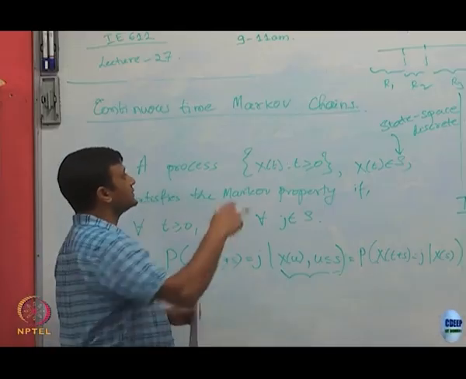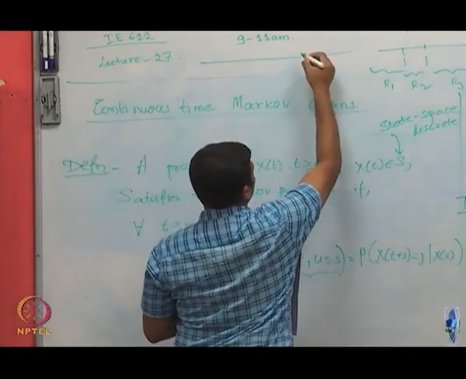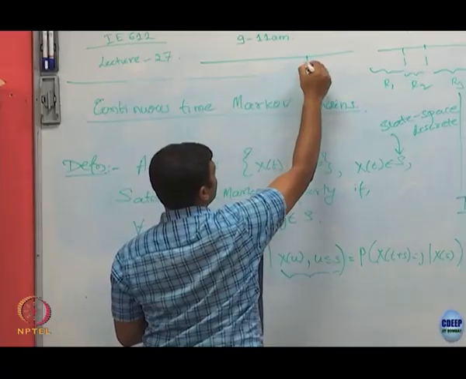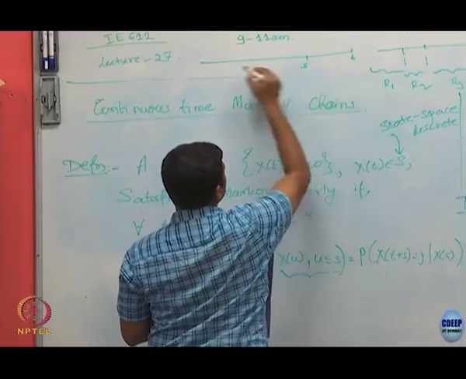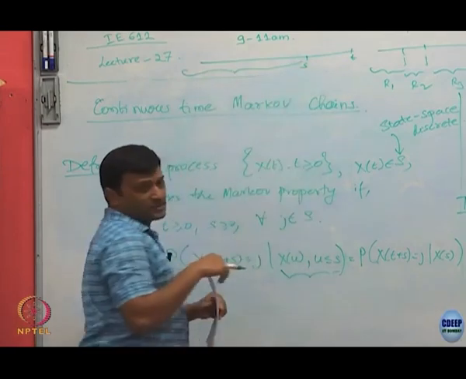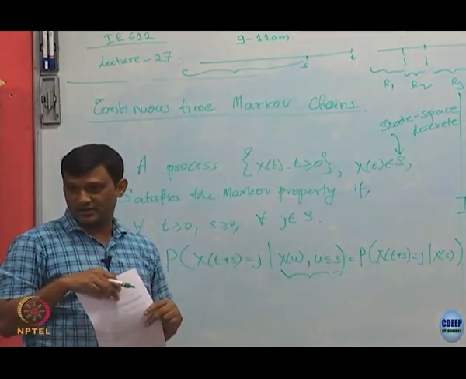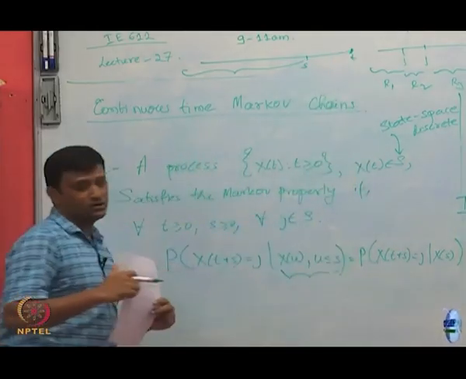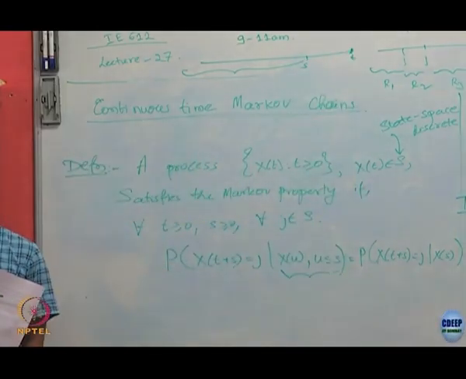So like this, your process is taking values continuously. This is s, and let's say this is t. You have been given what your process is all the way up to time s, and now from this you want to know what value your process is going to take at time s plus t.